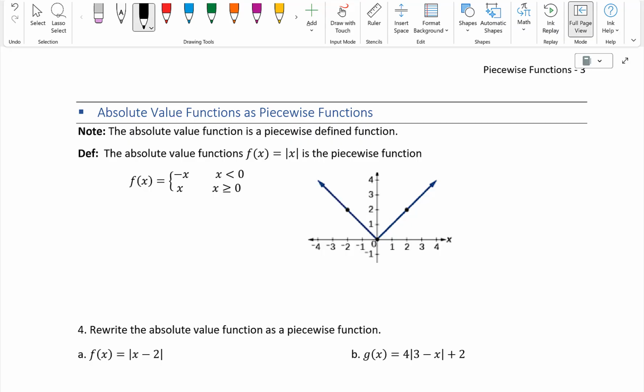The absolute value function is a piecewise defined function, and then the definition of it here below. The absolute value function, f of x equals absolute value of x, is the piecewise function. F of x equals minus x if x is less than 0, and just x if x is greater than or equal to 0. And so we can see, hopefully, those are lines, right?